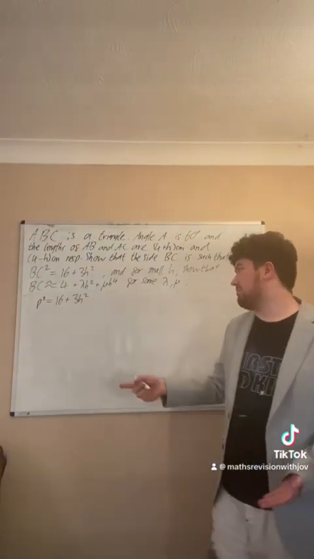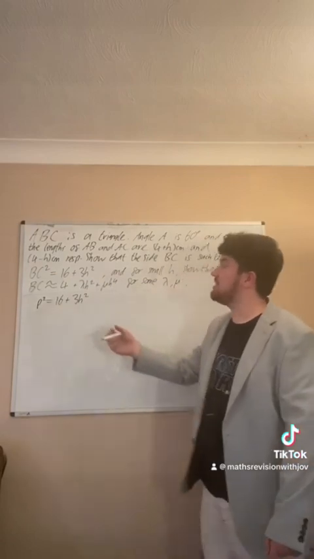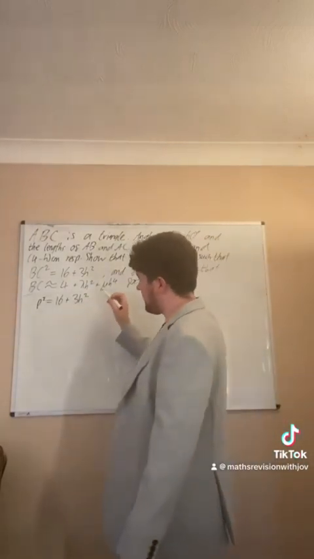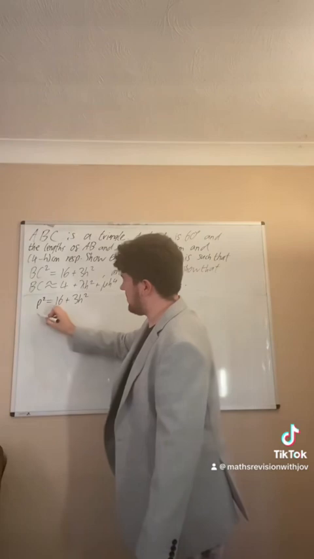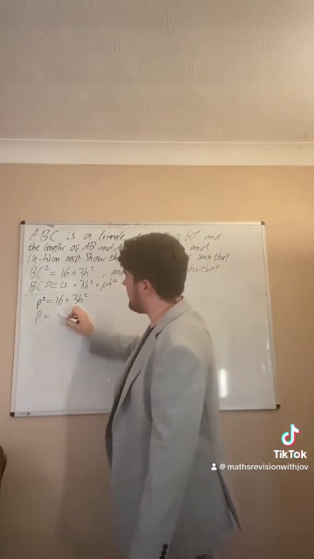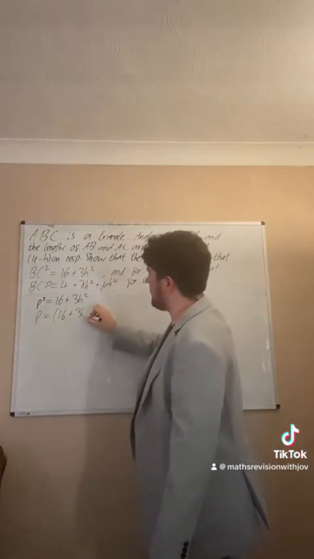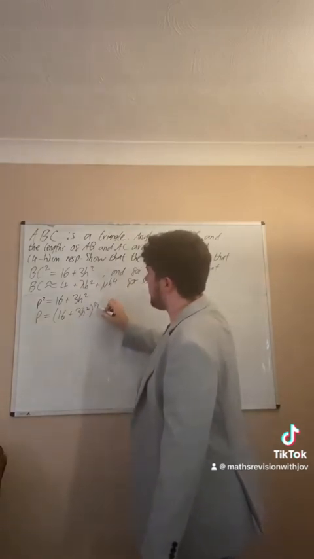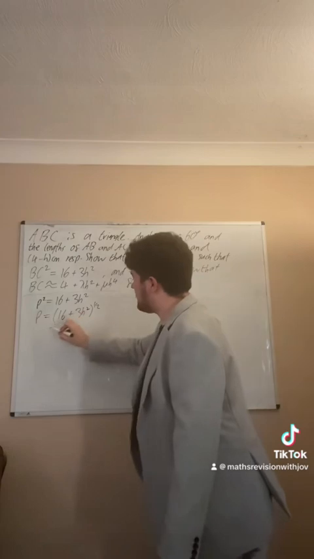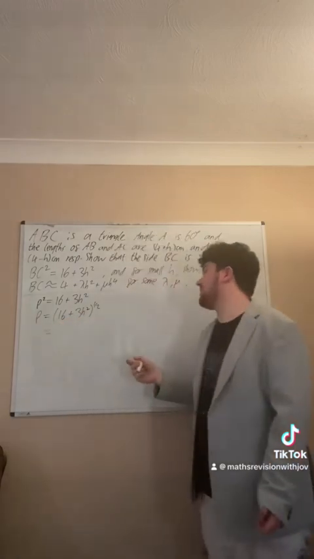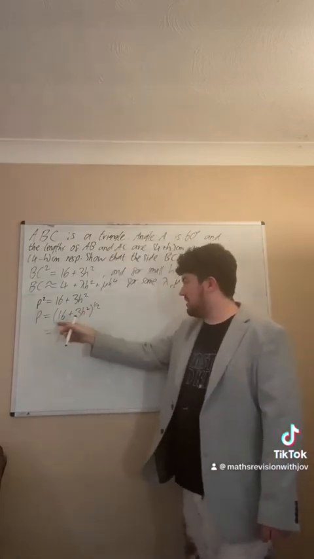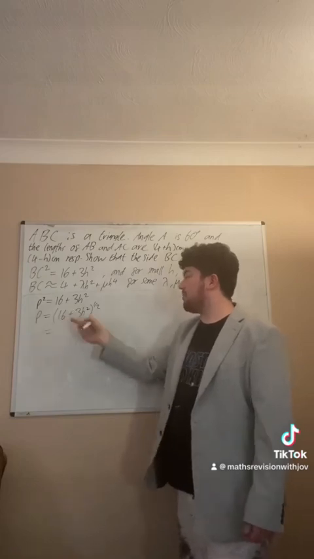Okay, so we worked out before that p squared is equal to 16 plus 3h squared. We can actually go ahead and take square roots of both sides. We get p is equal to 16 plus 3h squared all to the power of a half. This happens to be equal to, well, we can take the 16 out here, and we want to reduce it to 1 somehow.